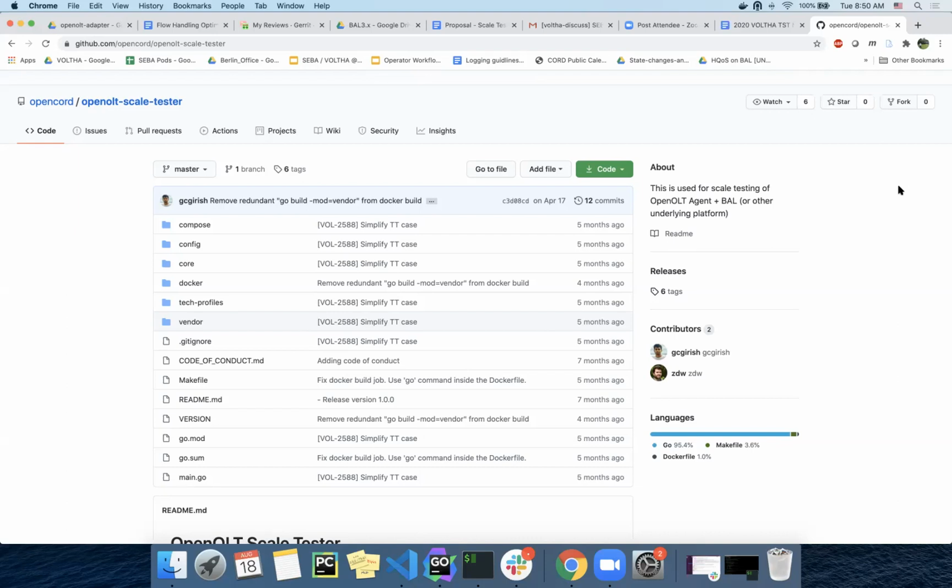Well, certainly, OpenOLT agent would do more processing, but on an end-to-end basis, there is certainly no way to prove this. Right now, the issue that we are trying to address was the adapter taking more than 10 seconds to respond to a flow add. With this change, if the agent starts doing more processing on real hardware with 512 subscribers, does it still take 10 seconds? I mean, there is no way to prove that.